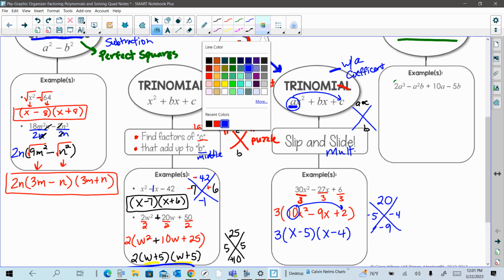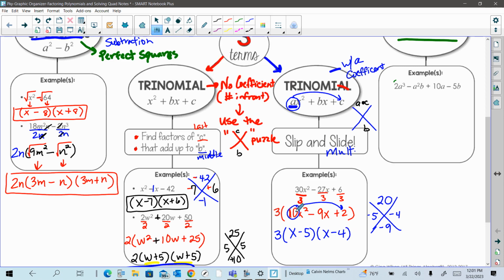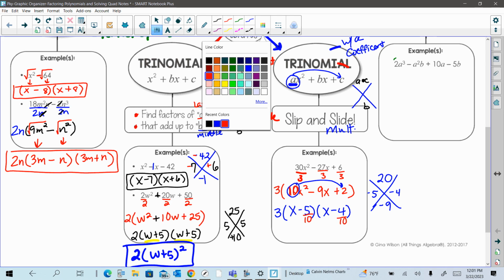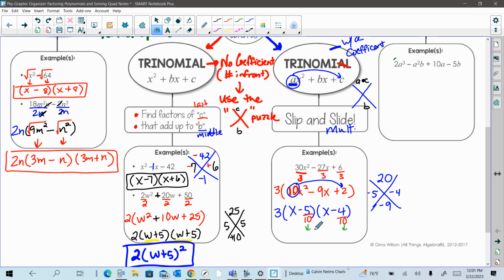But because we had that coefficient of a 10 here, we have to divide everything by 10, by that coefficient. Now, on here, this fraction needs to be reduced. Okay, I'm just going to write reduce the fraction. All right, so when I reduce it, keep the 3 on the outside of the parentheses. This is going to be x minus 1/2.